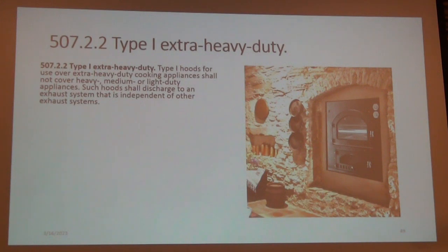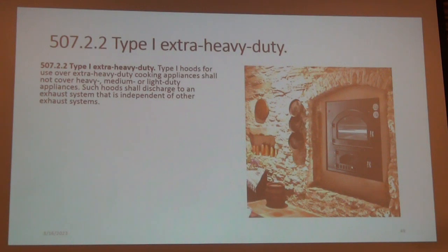Now, heavy duty is solid fuel, but there's a fork in the road here. The way the code interprets it, if you're using the solid fuel as flavor for the cooking, that is not heavy duty. Am I right? Smokers, no, it's not all under heavy.